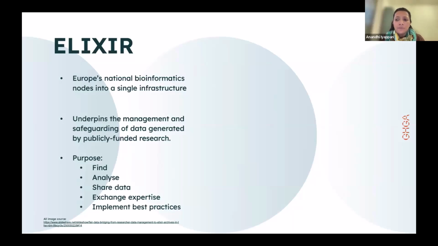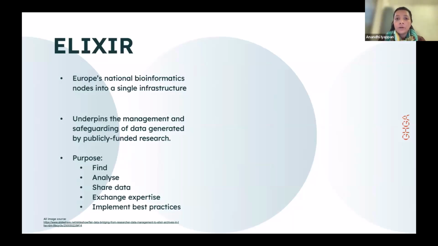It was mainly formed to enable the different national centers in bioinformatics to be coordinated in a single infrastructure. So this is a platform which helps in bringing different data resources into one place, and it also underpins the management and safeguarding of data generated by publicly funded research.